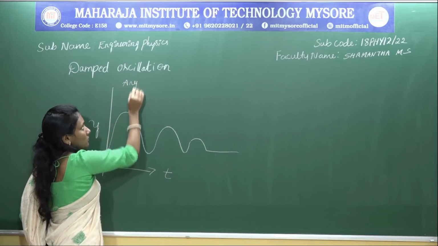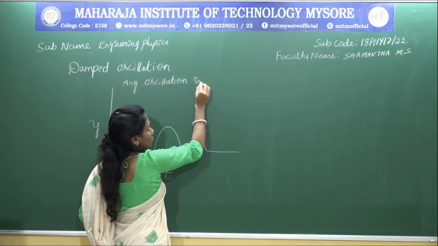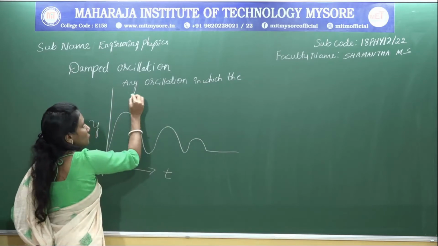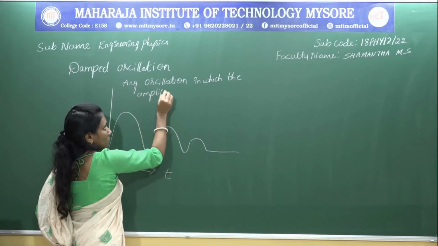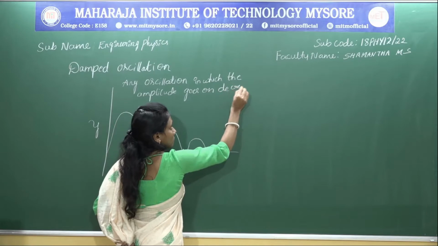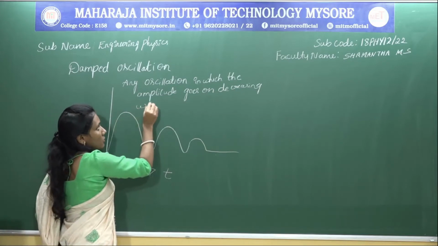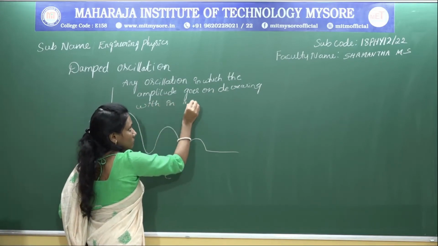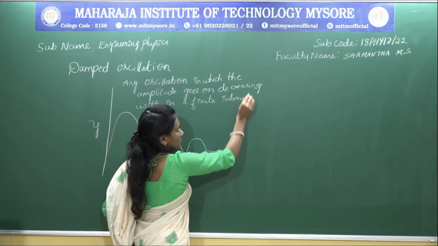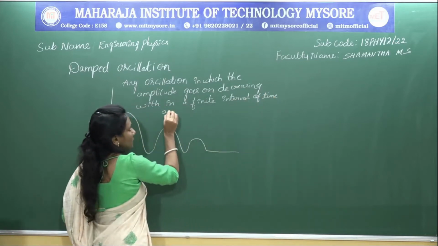So any oscillation in which the amplitude goes on decreasing within a finite interval of time, and completely fades out.